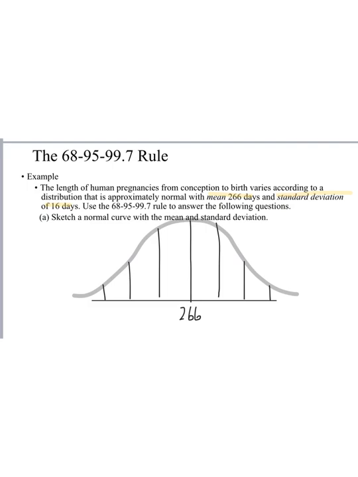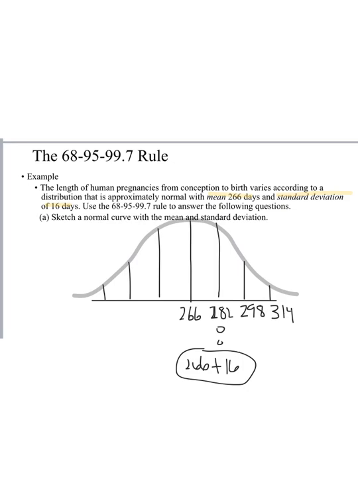I'm going to add my standard deviation to my mean, so this value is 282. I'm going to continue adding 16 to get 2 standard deviations above the mean, 298. And 298 plus 16 is 314.